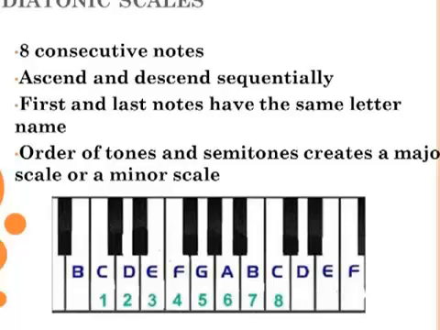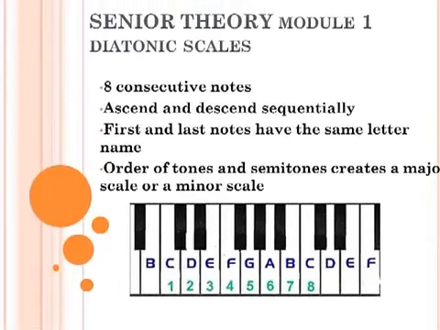These notes ascend and descend sequentially, and the first and last notes have the same letter name. There are 2 types of diatonic scales, major scales and minor scales. The order of tones and semitones, or whole steps and half steps, determine what type of scale it is: a major scale, a natural minor scale, a minor harmonic scale, or a minor melodic scale.